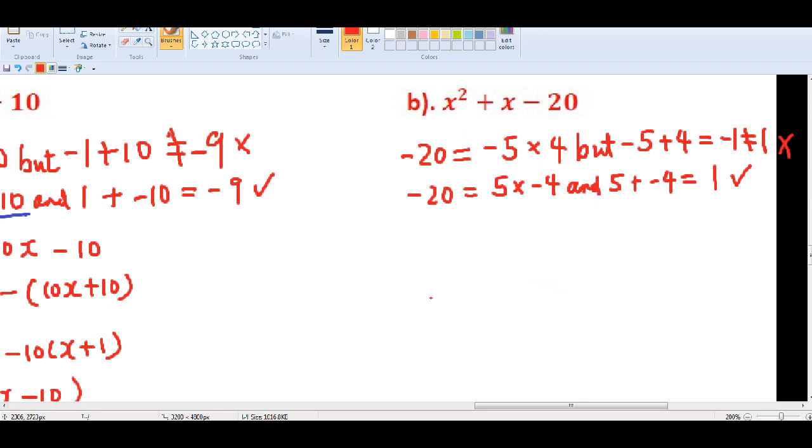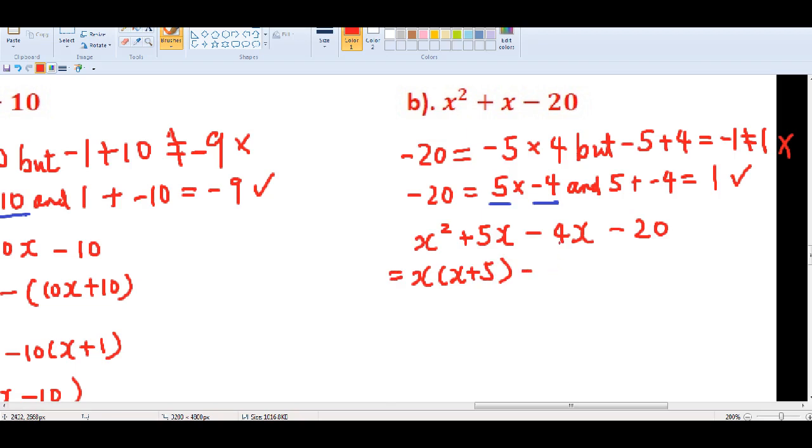Let's try to group them using these two numbers, 5 and minus 4. So we have x squared plus 5x minus 4x minus 20. The first pair gives you x plus 5. For the second pair, I should put a bracket. It should be like this.